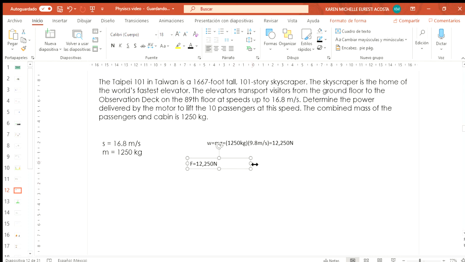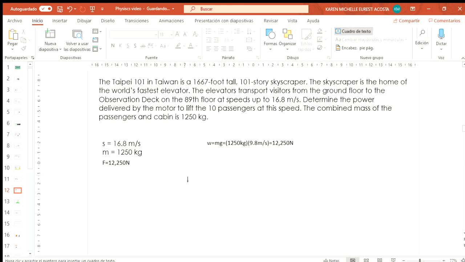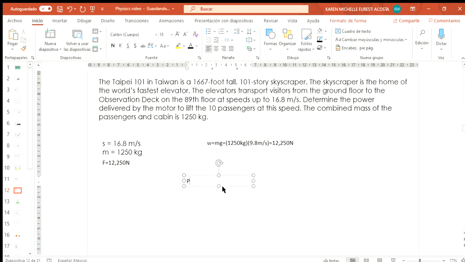Then, since we don't have another known, we are going to break down the formula. The formula of power is power equals work divided by time.